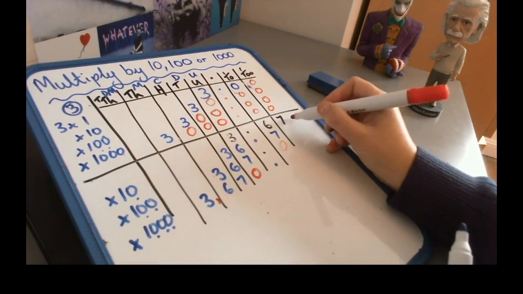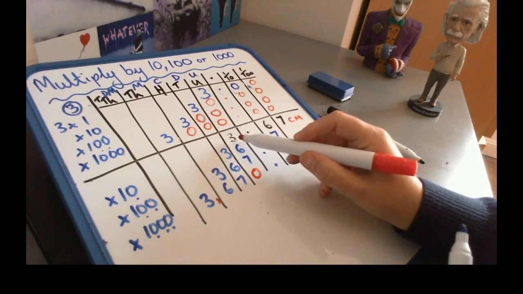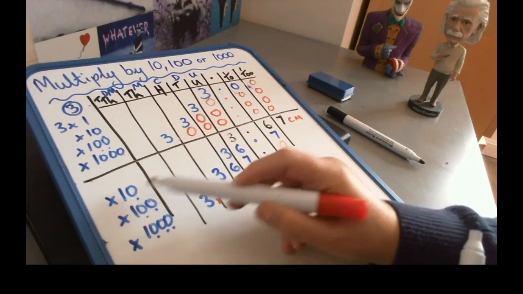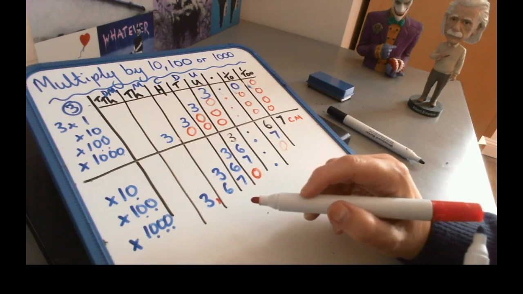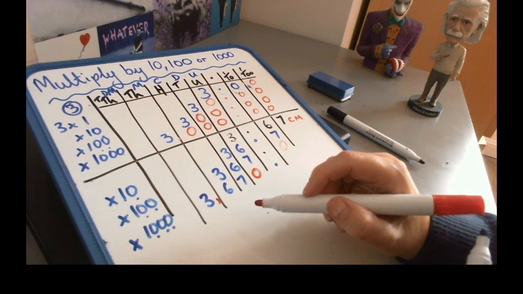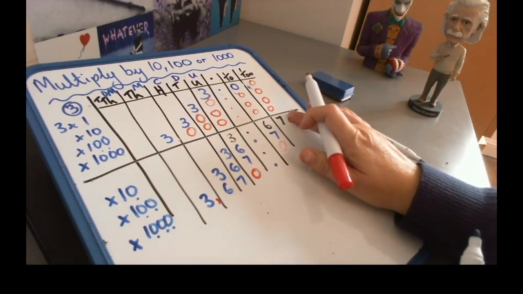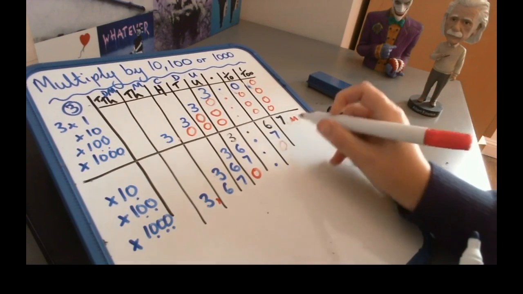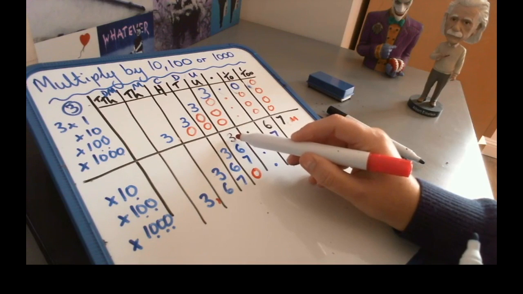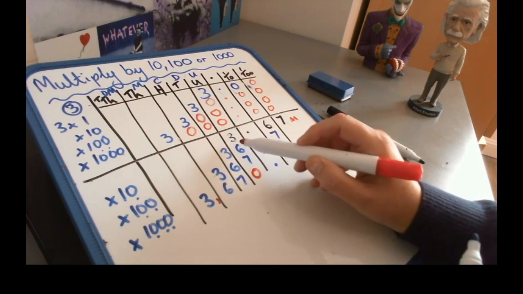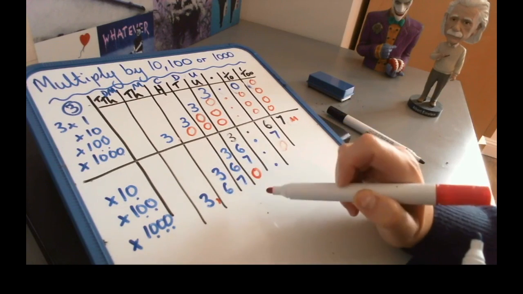So if I were to have this in centimetres and I wanted how many millimetres, I would multiply it by 10 to get 36.7 millimetres. If this was in metres and I wanted it into centimetres, I would multiply it by 100, so 3.67 turns to be 367.